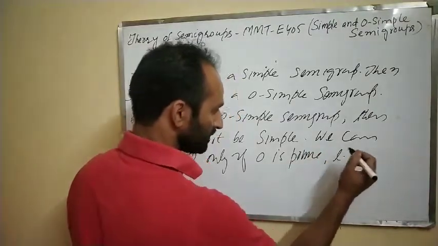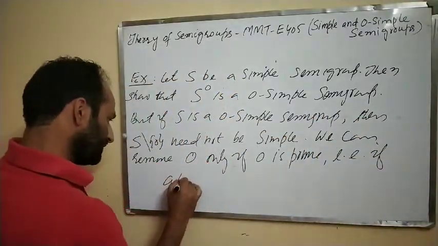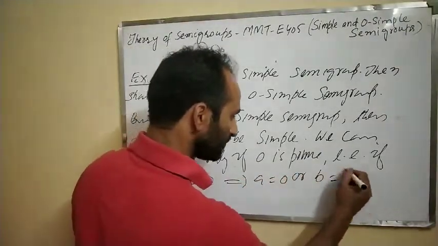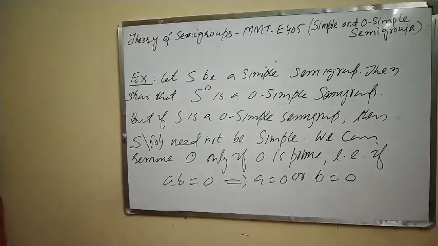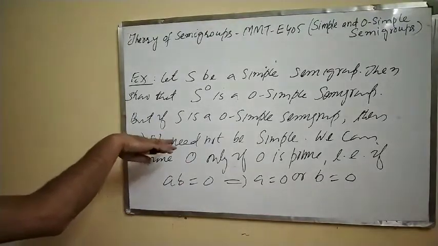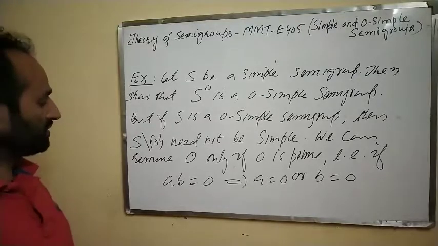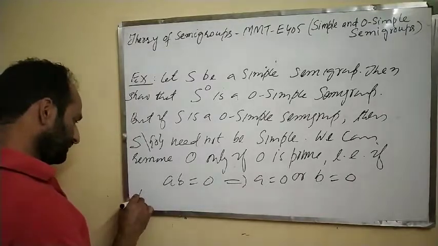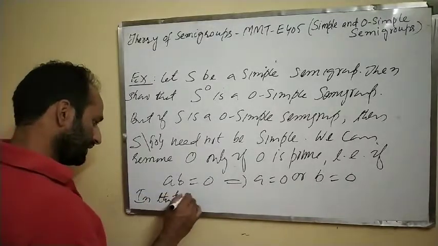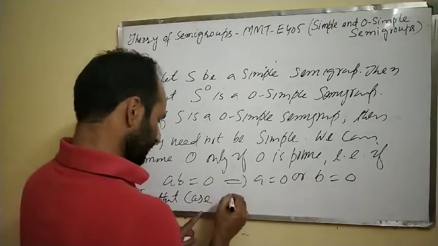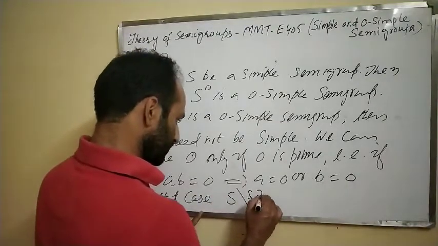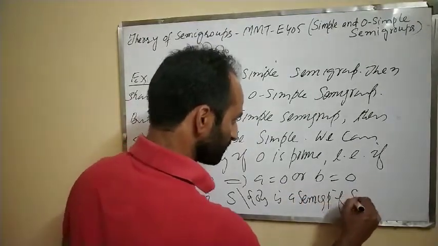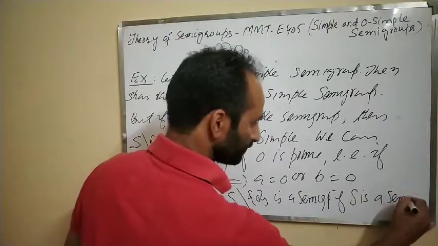That is, if the product AB is equal to 0, this should imply A equal to 0 or B equal to 0. Then in that case, S minus 0 is a semigroup, and if S is zero simple, then S minus 0 is simple. In that case, S minus 0 is a semigroup if S is a semigroup.